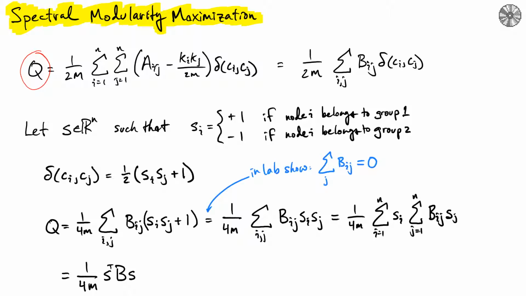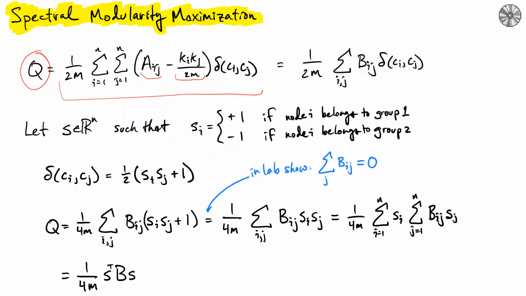So remember, this is our definition of modularity, where this term comes from the fraction of edges that connect nodes of the same type, and this is the random baseline that we're comparing to: at random, while we preserve the degree, what is the expected fraction of edges that connect nodes of the same type.